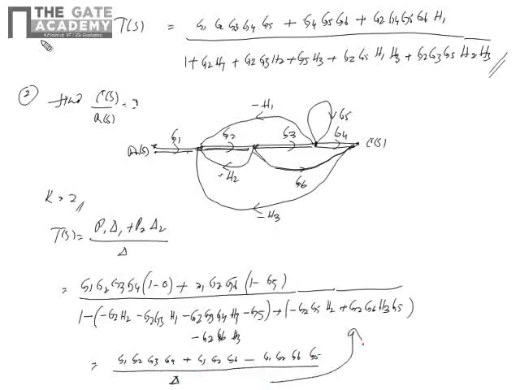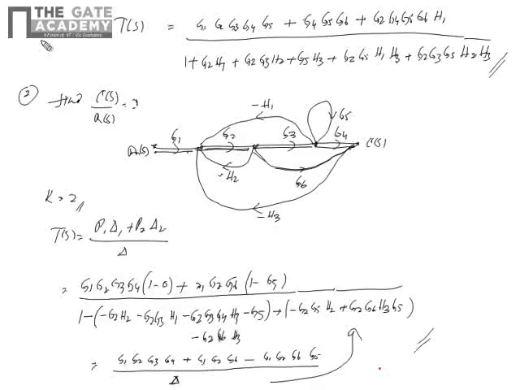Delta we have found already, the same value we will write here. So this way you can find out the transfer function by using signal flow graph, that is the Mason gain formula. Now we will see some previous GATE problems.